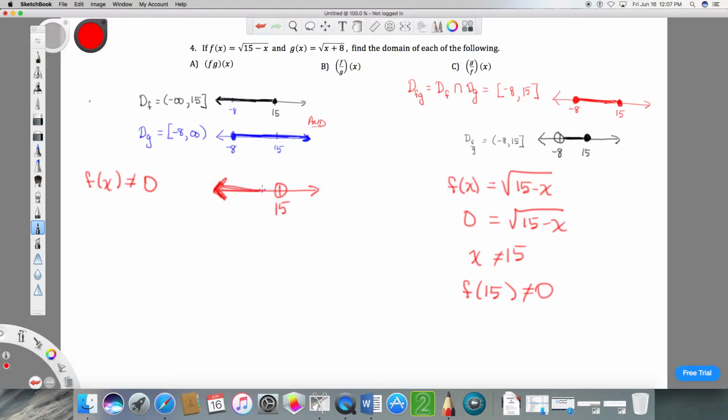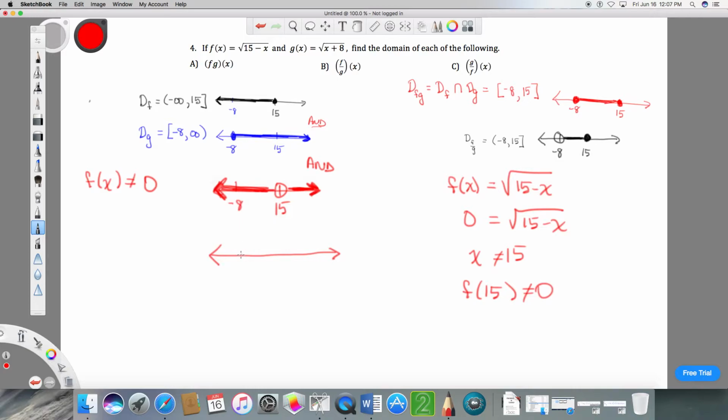Any other value that we pick will result in something that's not equal to 0, and that's what we're trying to describe as all the numbers that are not equal to 0. So this intersection of these three sets is going to be the domain for part C. Let's make a sketch of this and then describe it in interval notation.